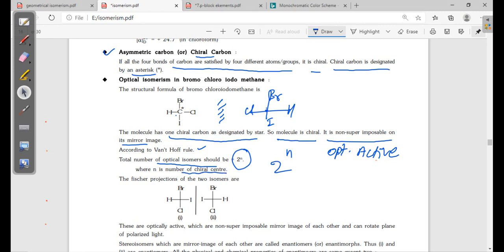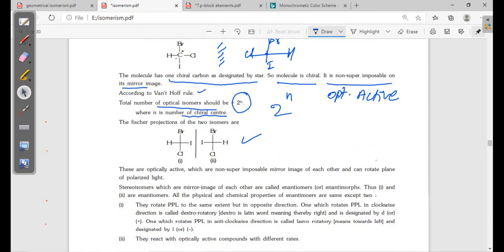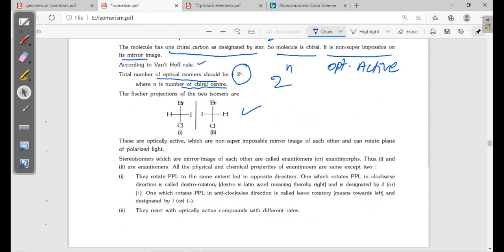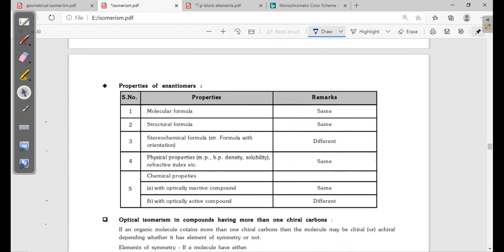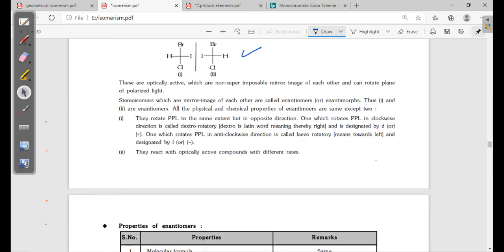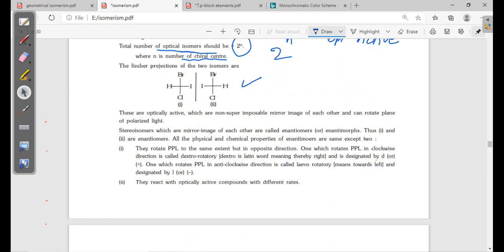The Fischer projection of the two isomers is given like this. Now, here these two are there. This first one and second one, these mirror images, are called enantiomers.